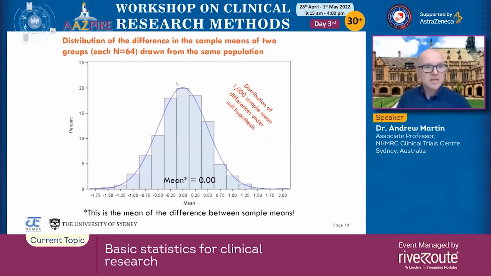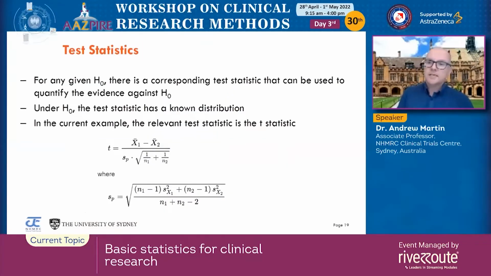And what you can see is that usually we're obtaining sample mean differences of close to 0, but sometimes we can see differences of a clinically appreciable size. For any particular null hypothesis, there is a corresponding test statistic that can be used to quantify the evidence against the null hypothesis.